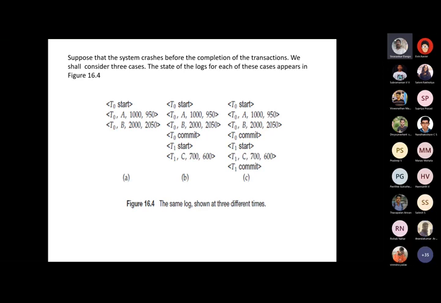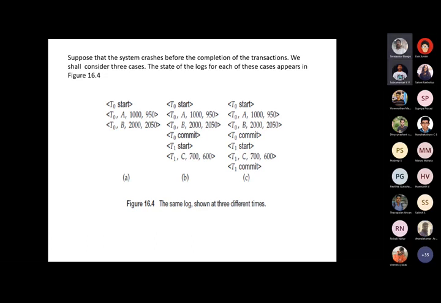So in this case, I will be performing a redo operation on transaction T0 and a redo operation on transaction T1, so that the values of data items A, B, and C will be $950, $2,050, and $600 respectively, right? So you can follow it, right, Subramaniam?